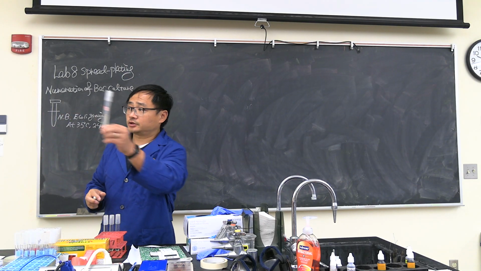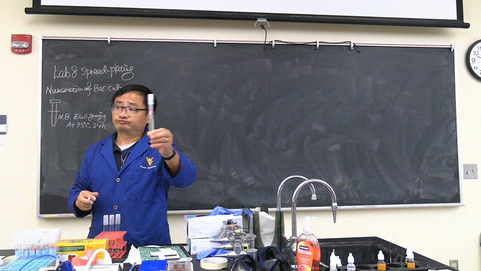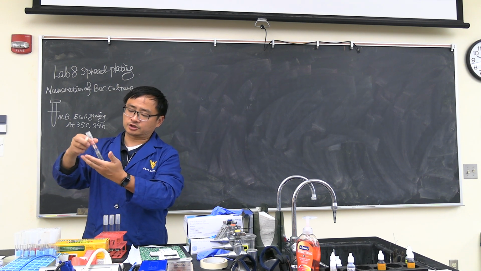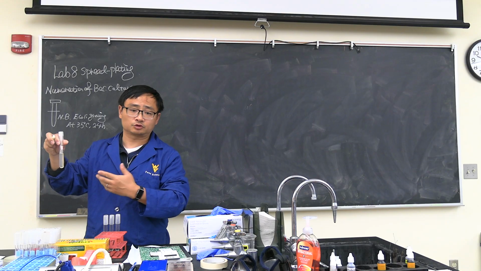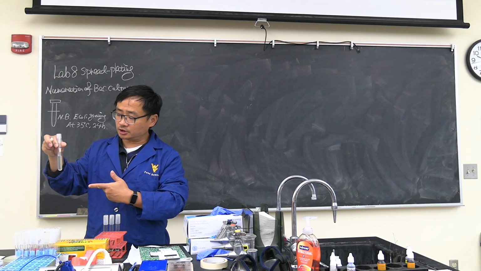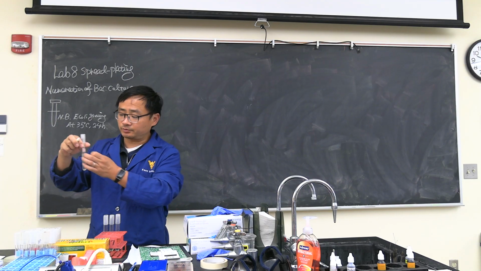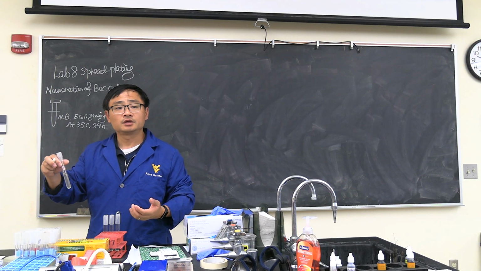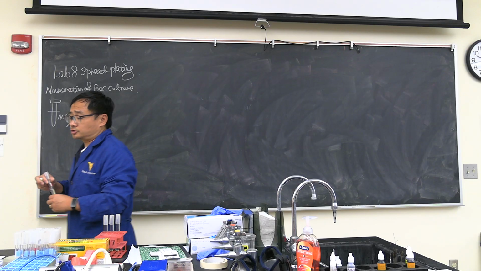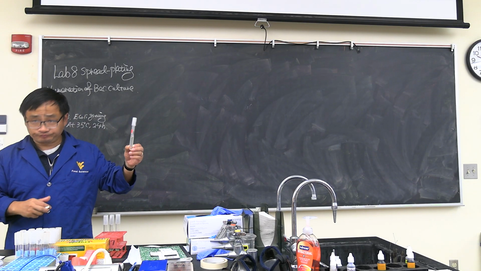It looks like turbidity. So you shake it, we talk about the 3 indications for bacterial growth. You're certainly going to see the turbidity, you're also going to see some precipitation, and some people see some pellicles. Now the question is, how many bacteria are there?